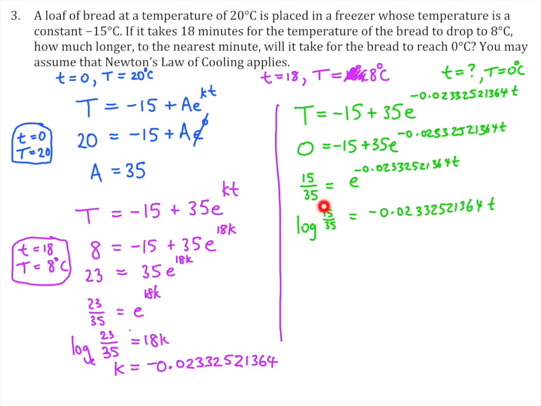So, take the log of 15 over 35, or 3/7 if you wanted to cancel it, divide it by this decimal here, and you'll get t equals approximately 36.3, which is minutes. So the bread should be at 0 degrees Celsius after 36 minutes approximately, or 36.3 minutes if you want to be more precise. 36 if you're going to the nearest minute.